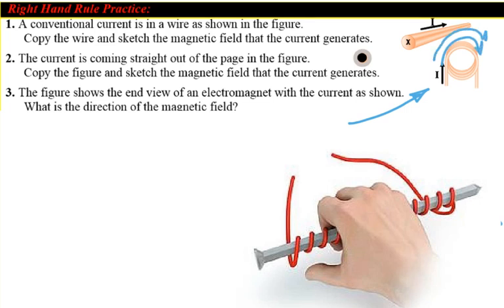Then my thumb is going to be pointing into the page. If my thumb is pointing into the page, that means the side closer to me is south, and the side that is farther away from me is north. Then the magnetic field lines are coming out of the north on the other side, and they're getting into the south on this side.